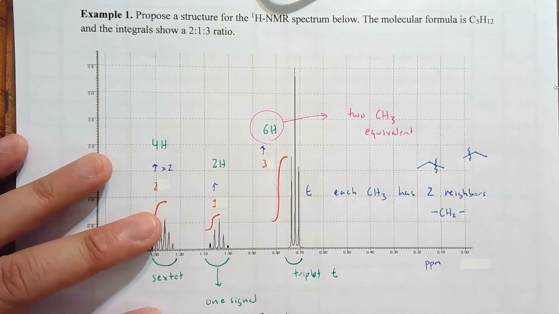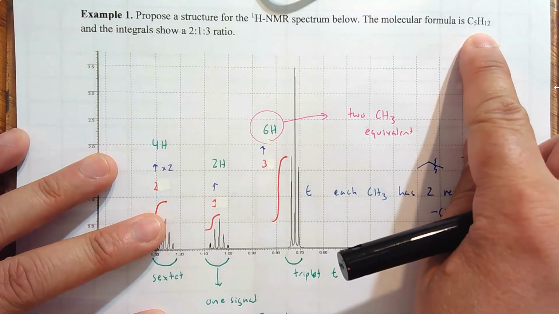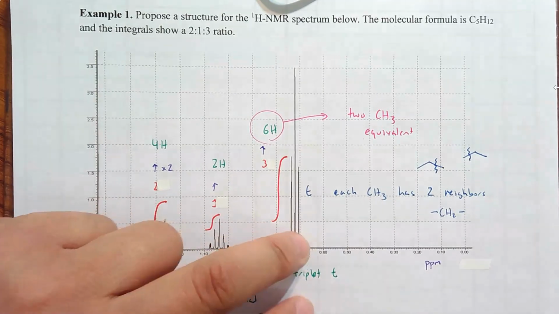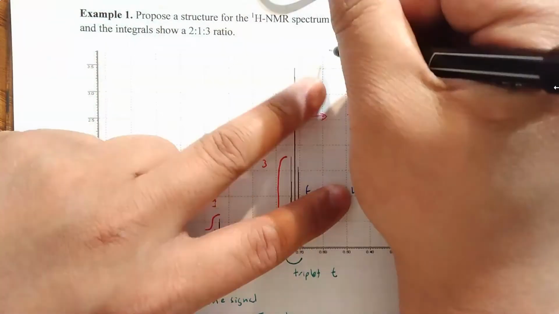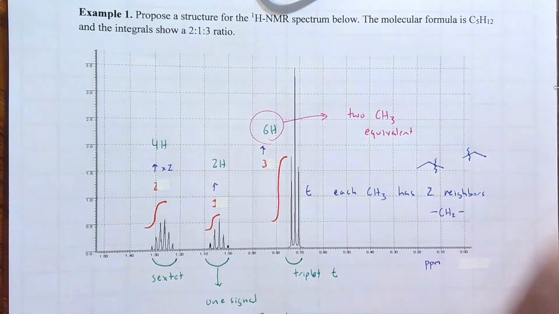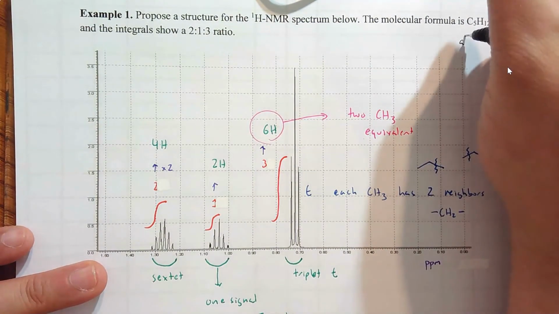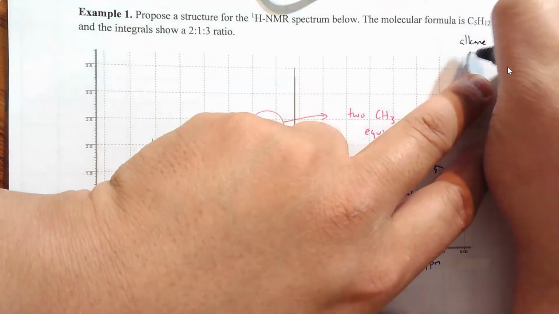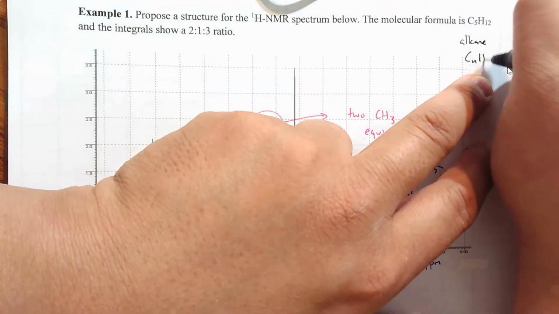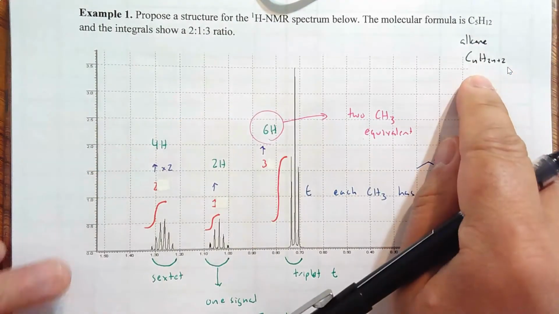Another thing you might want to know is how many pi bonds and rings do you have? That's the degree of unsaturation. The way I do that, I don't want to give away the answer. You know an alkane is CnH2n plus 2. That is saturated.